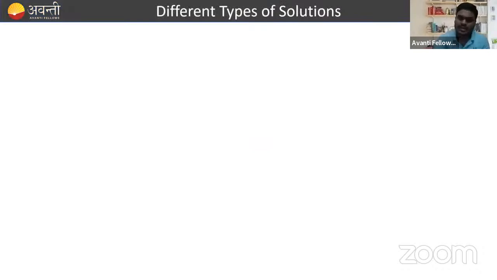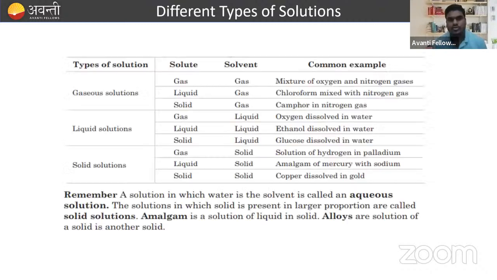Right. Now, there are different types of solution. As I already told you, a solvent may be solid, liquid, or gas. In the same way, solute also may be solid, liquid, or gas. So, कितने type के solutions हो सकते हैं? बहुत different types के. Like, if I'm talking about the types of solution, we have a gaseous solution, liquid solution, and solid solution.